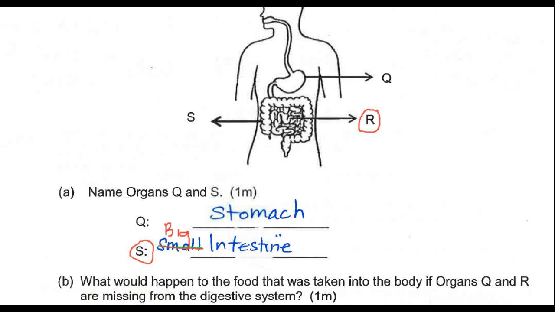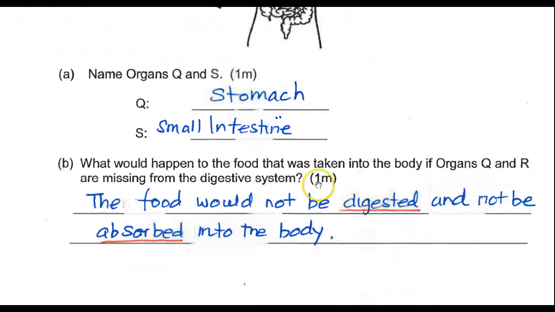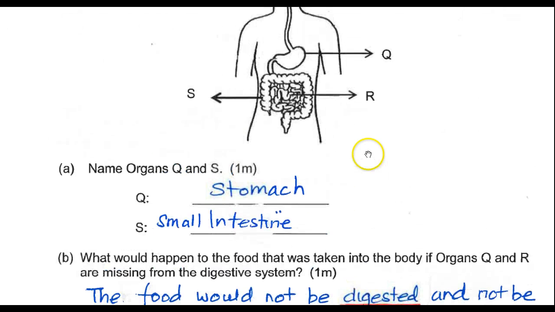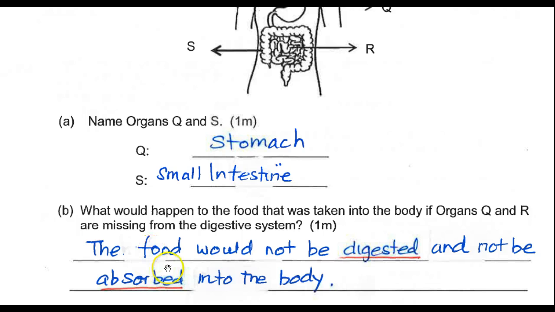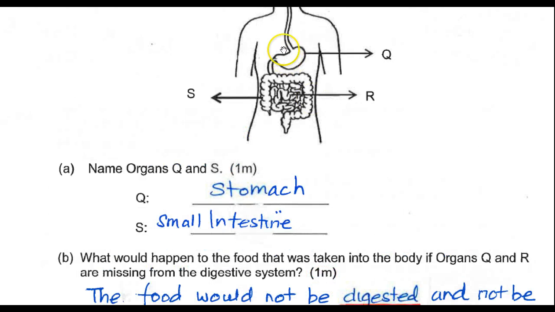Okay, let's carry on. What will happen to the food that was taken into the body if organs Q and R are missing? Q is the stomach, R is the small intestine. Remember, S is not the small intestine, that is the large intestine. The food will not be digested and will not be absorbed into the body. If the stomach is not around, there won't be much digestion going on.